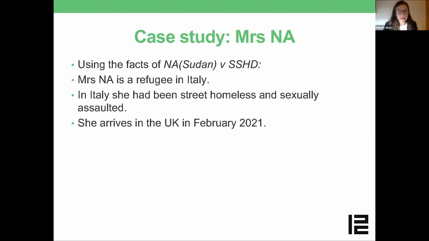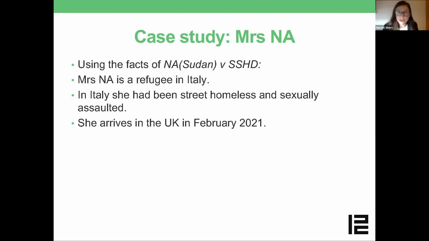Well, let's take the facts of Mrs. N.A., who was the subject of the Court of Appeal litigation in N.A. Sudan. She was a refugee in Italy, and she'd been subjected to Article 3 ill treatment in Italy, including street homelessness and sexual assault. She did have refugee status.